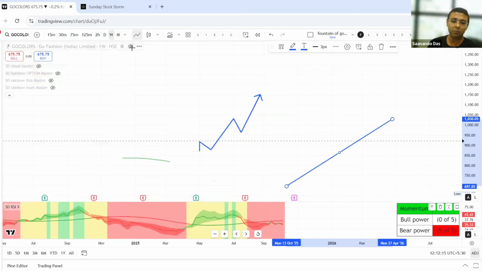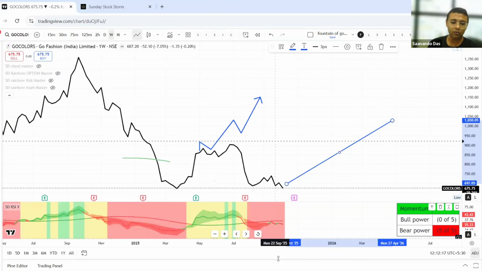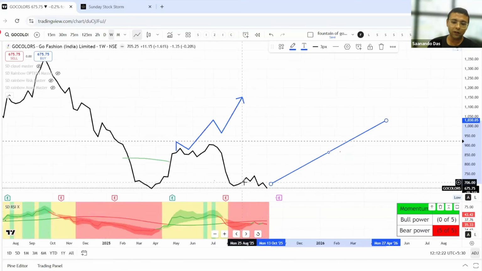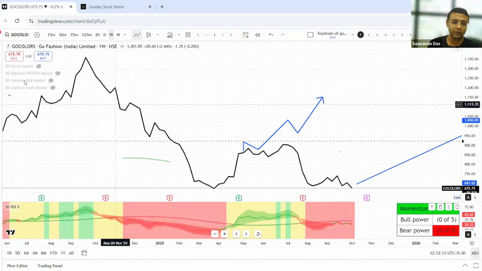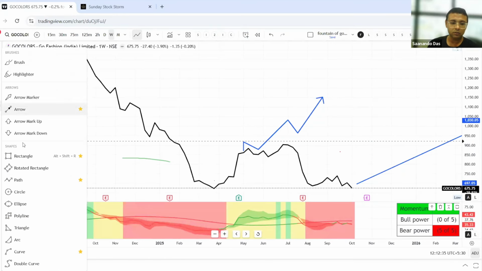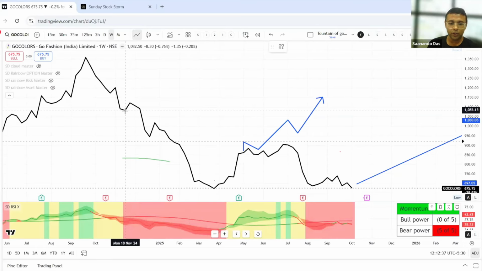If you don't have the rainbow, at least you have the Dow. Dow structure is a must. Even if you are a rainbow user, practicing Dow regularly is a must. The more you practice, the more you can see. And while you practice, it is important that you take note of every turn.